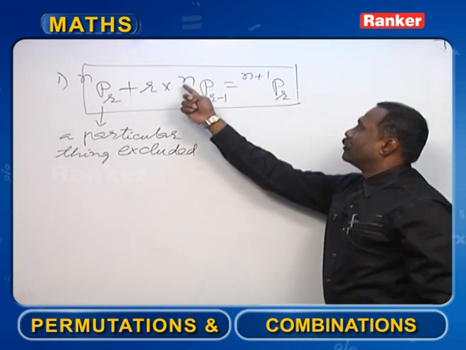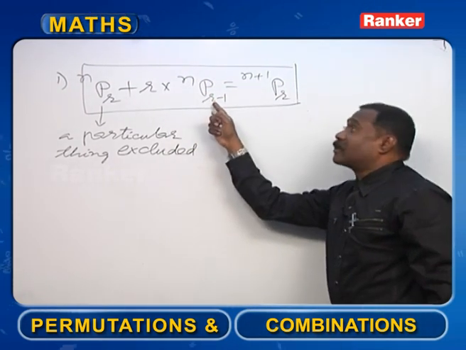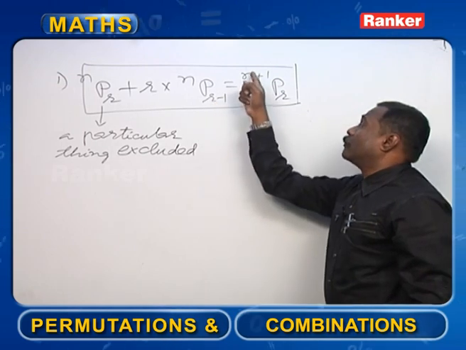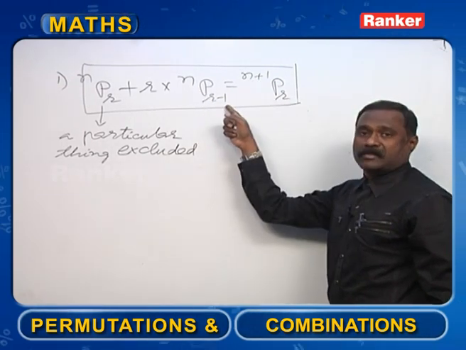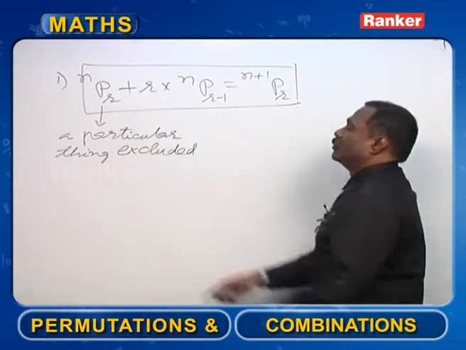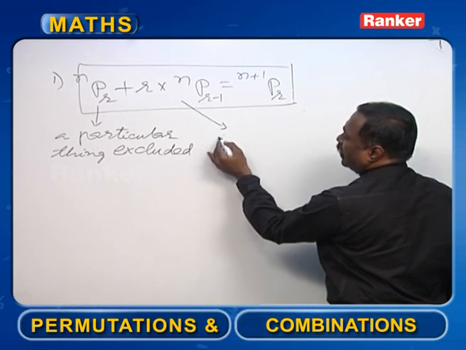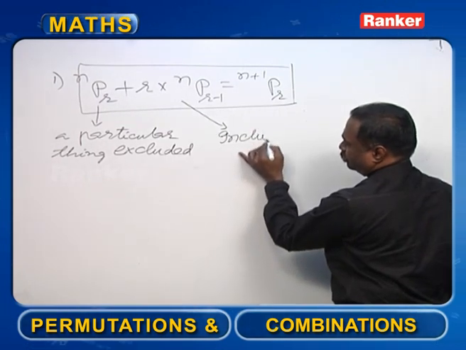And here one thing is reduced, and in r also one thing is reduced. That means in both cases one thing is reduced, but that thing is included here. So this is nothing but a particular thing always included, understand.